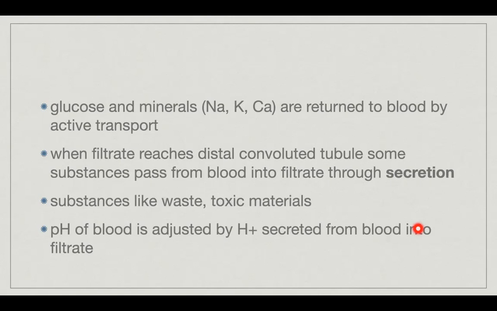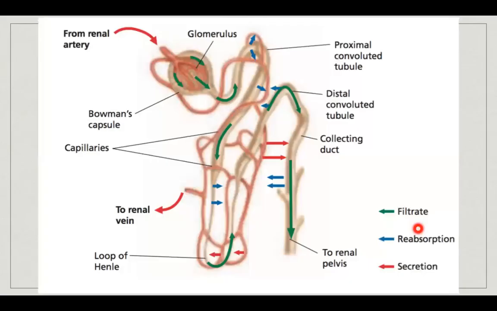And so then your cells have to get rid of the lactic acid into the blood, and then that goes to your kidneys to get removed. So in between your muscle cells and the kidneys, the pH of your blood might decrease because of the presence of lactic acid. So then your kidneys will then secrete hydrogen ions from the blood into the filtrate of your urine to help bring the pH back.